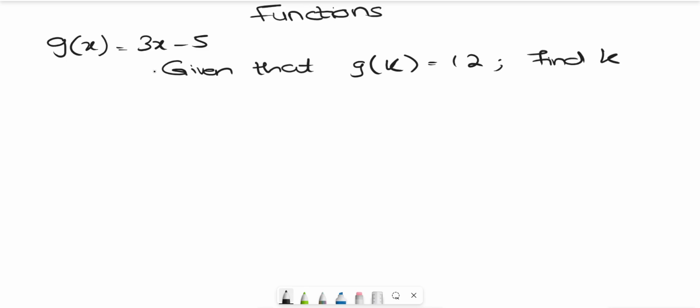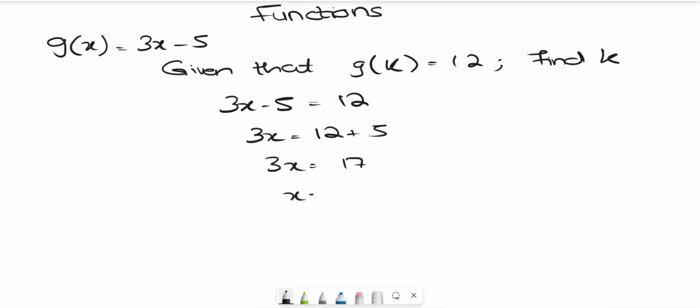Yes. So g of x equals 3x minus 5. Given that g of k, now we don't know what k is, we have to find that, equals 12. Can I say 3x minus 5 equals 12? Most definitely. Because g of x equals 3x minus 5 and g of k, the same notation is being described here. So g of k equals 12. Can I say that 12 will be transferred here to form 12 plus 5? 3x equals 17 and x equals 17 upon 3.